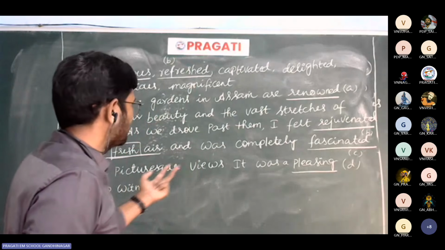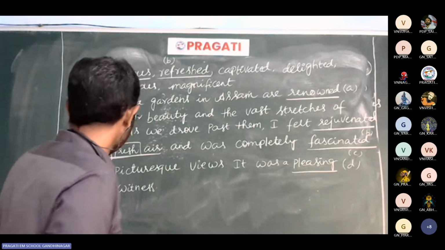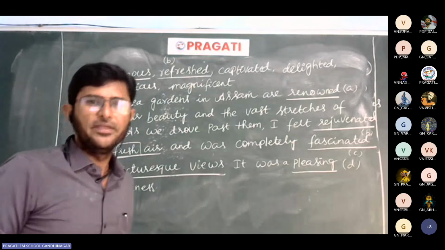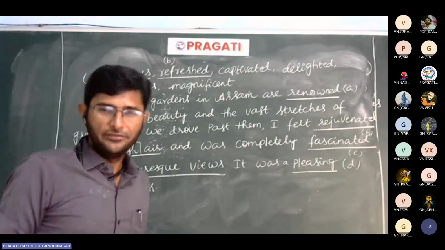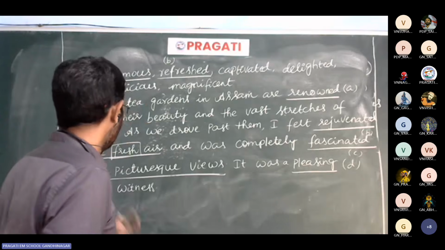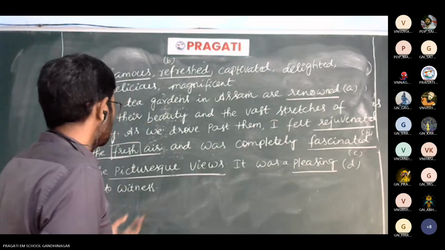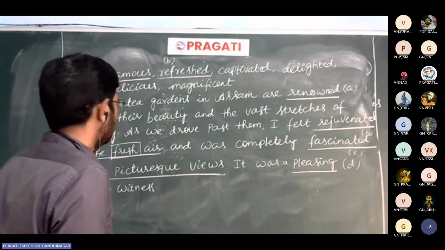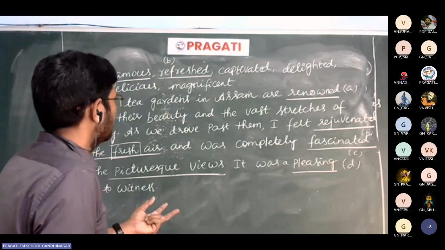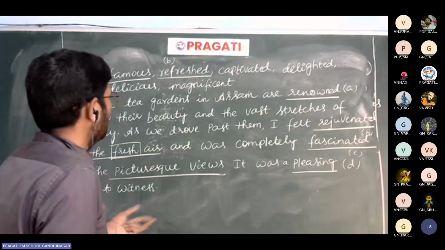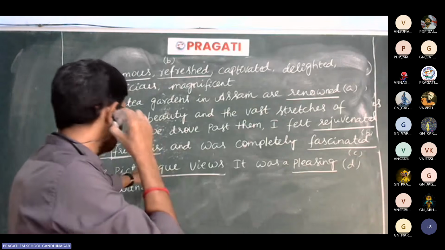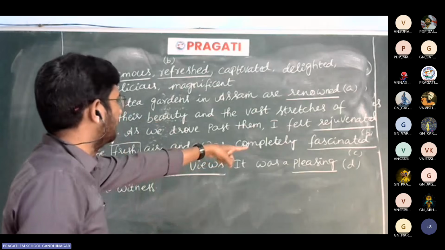The fresh air and was completely fascinated by the picturesque views. Picturesque means something which is absolutely beautiful. So scenery, stunning scenery is called a picturesque view. So I was completely fascinated, right, by the picturesque view. It was a pleasing sight to witness, right? So here, if you see, I was completely fascinated.